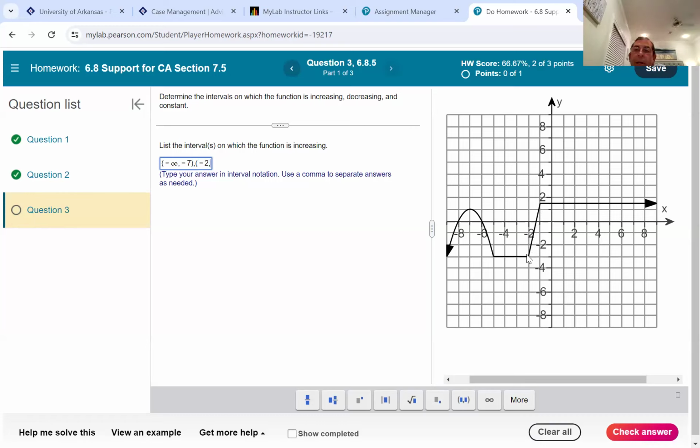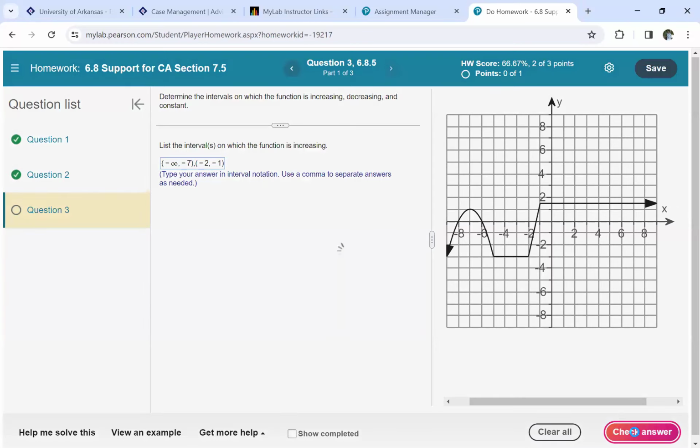And that little bitty slanted line stops at -1. Good job. Perfect. So from -2 to -1, and then close my parentheses. So two points going uphill, you got to get them both. So then it'll make y'all check that.